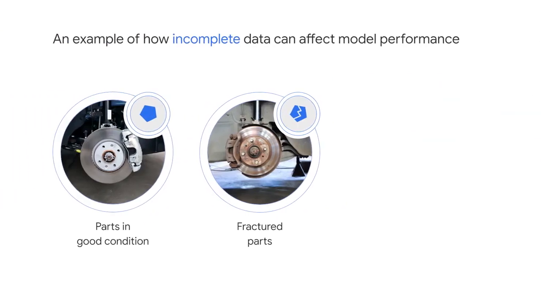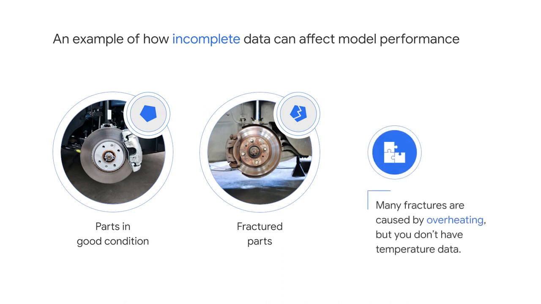Let's go back to our manufacturing example. Imagine that one of the major sources of defects is overheating, but you're not collecting temperature data. That's an example of incomplete data. Even if you start collecting temperature data now, you may not have the historical data that maps to past examples of good and fractured parts.